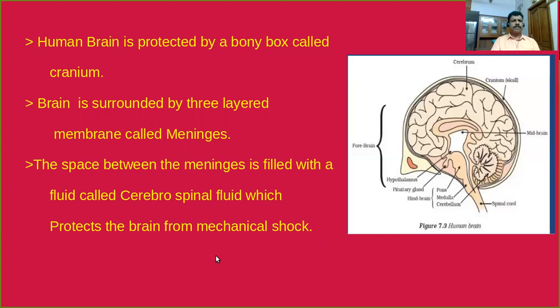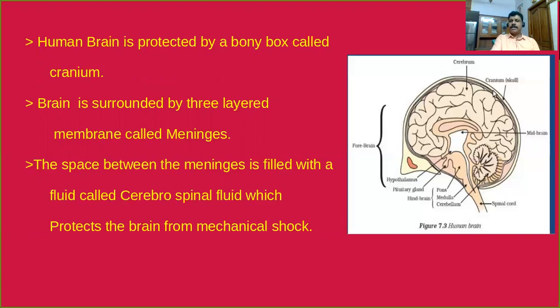Before that, some general aspects related to the human brain. You are very familiar. The human brain is protected by a bony box called the cranium, or the skull.